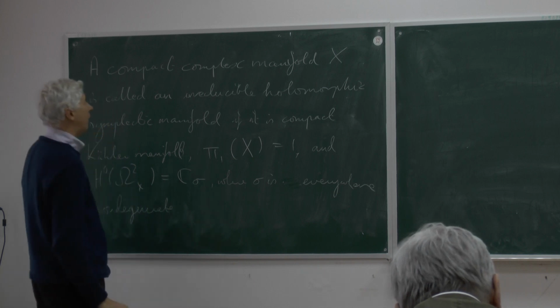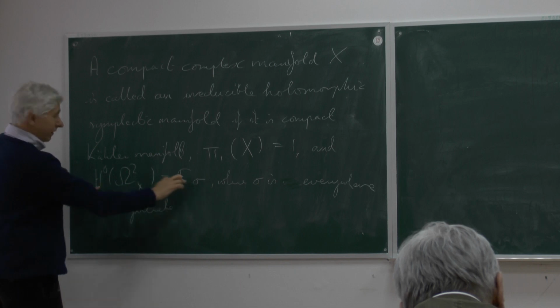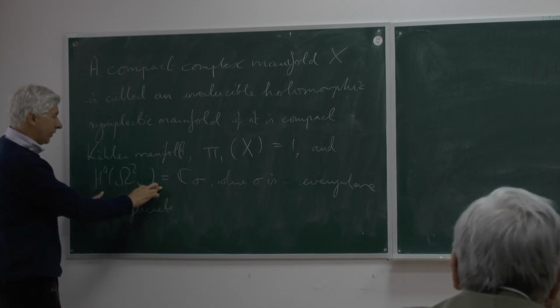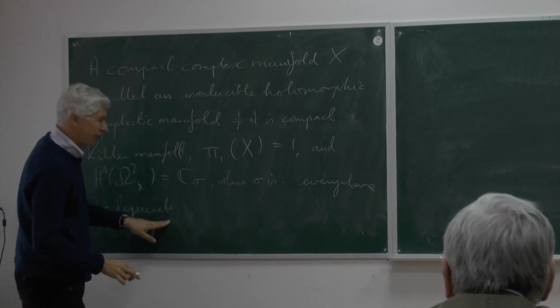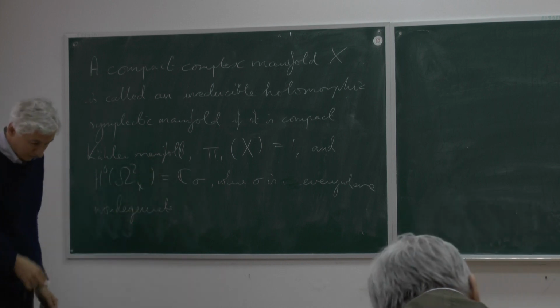That's the definition of irreducible: this is the statement that this space is one-dimensional. Holomorphic symplectic is the existence of this everywhere non-degenerate two-form, the symplectic form.